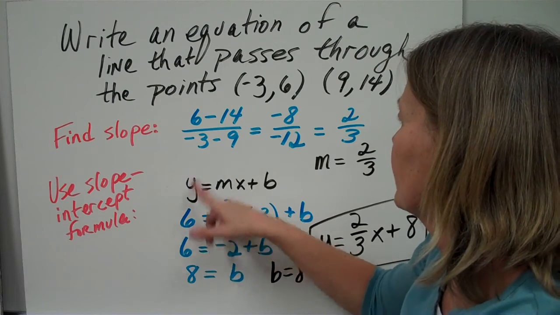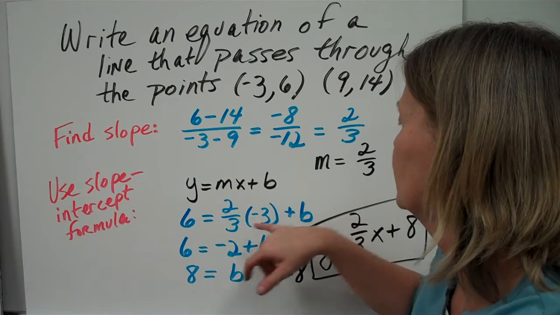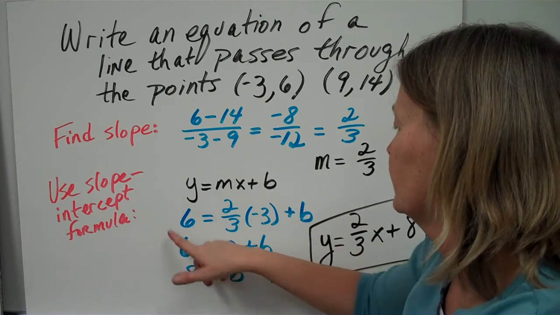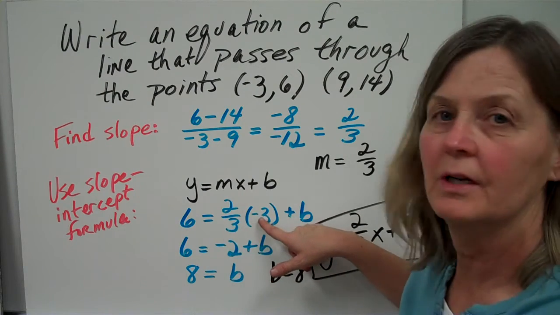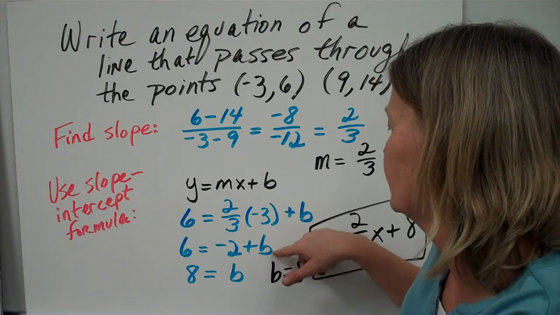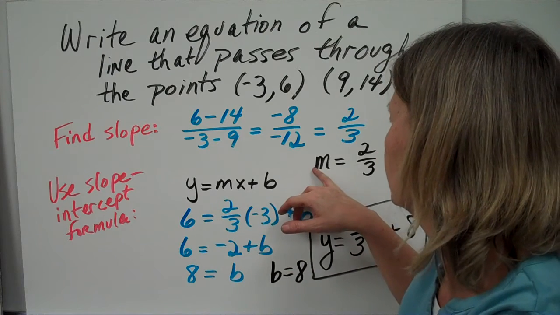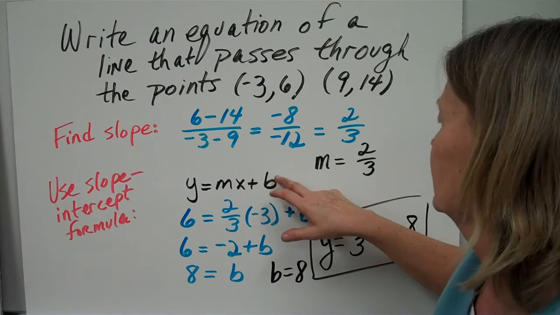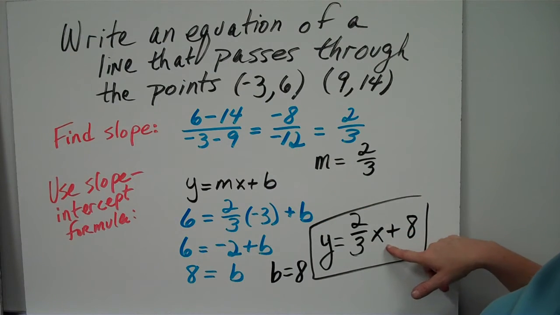So, if Y is 6, 6 equals our slope times our X plus our B. 6 equals, got to use a little fraction work here, cancel your 3's, and you get -2 plus B, so B becomes 8. So we now have our slope of 2/3, we have our B of 8, we're going to put those back into this formula, and our final answer will be Y equals 2/3 X plus 8.